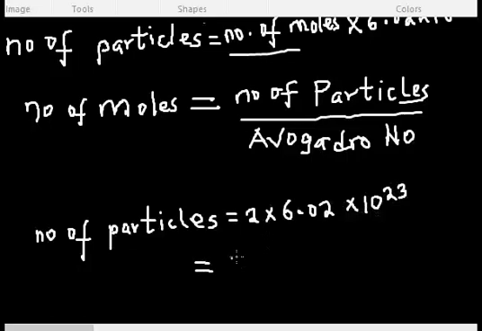So that should be 12.04 times 10 raised to the power 23 particles.